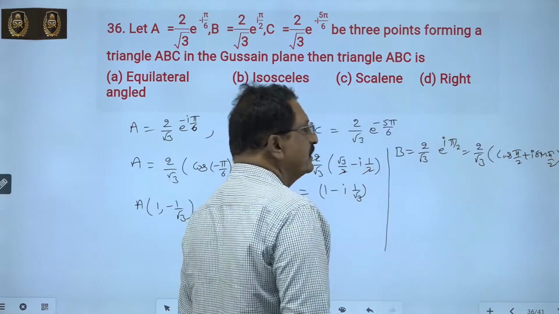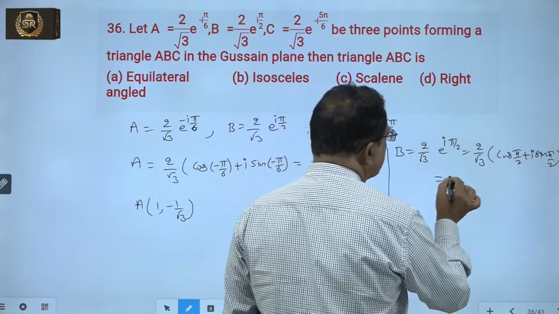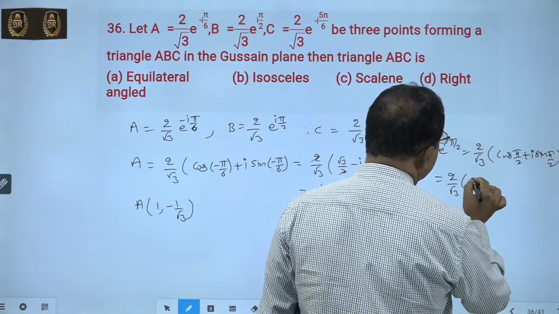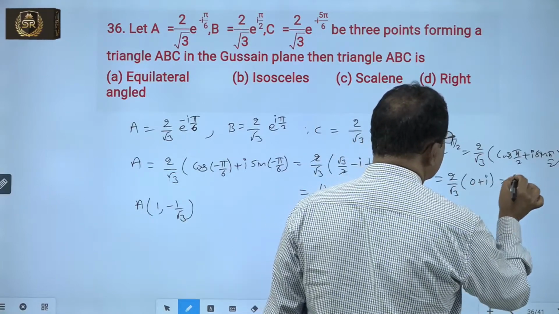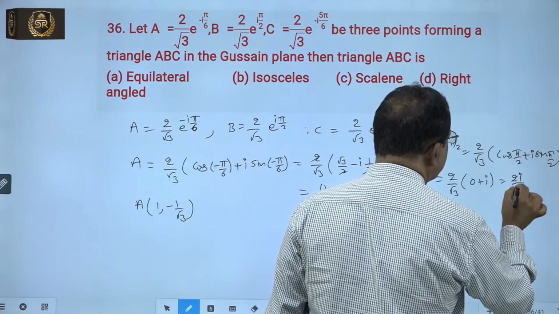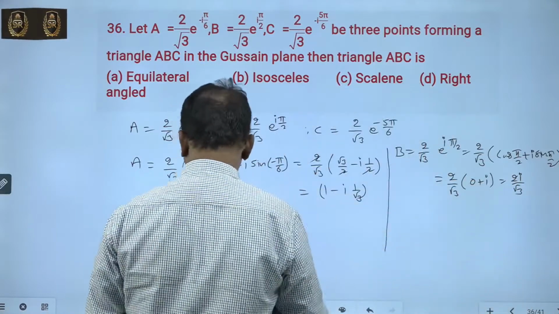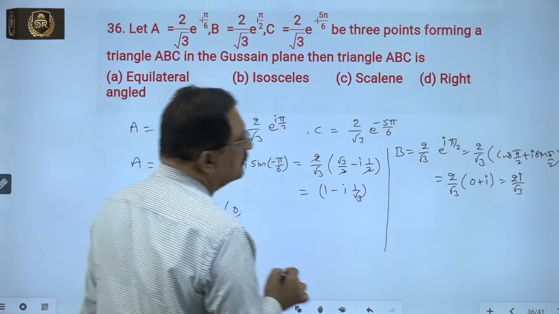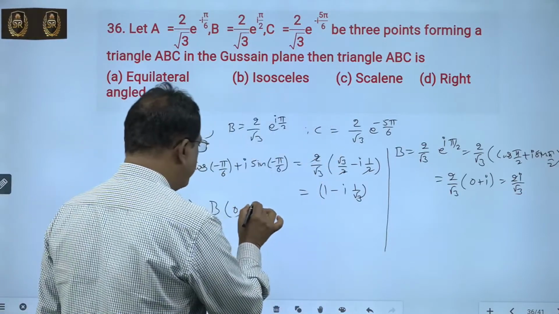Cos 90 value is 0, sin 90 is 1, that equals 2 by root 3 into 0 plus i, that equals 2i by root 3. Therefore, the point B equals real part 0, imaginary part 2 by root 3.